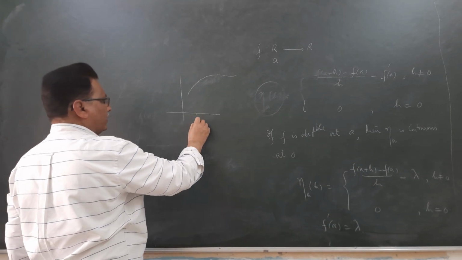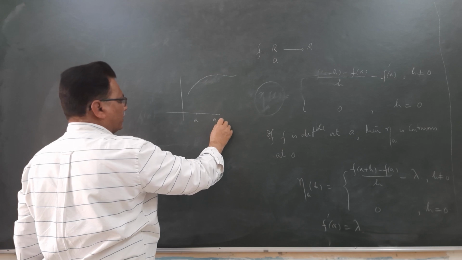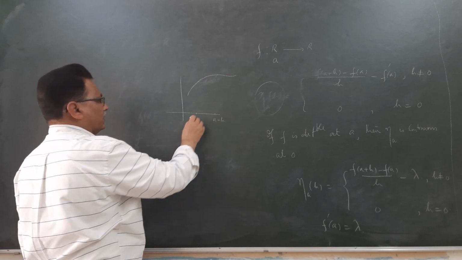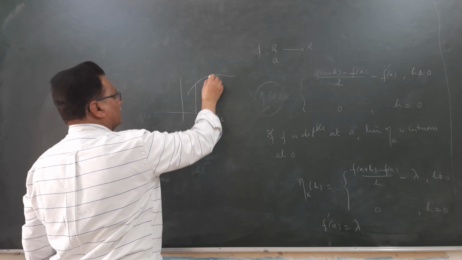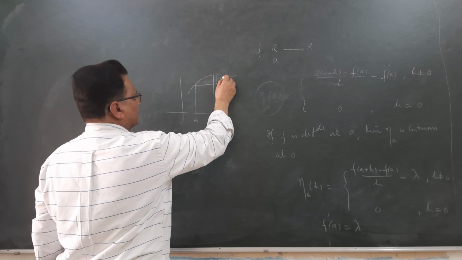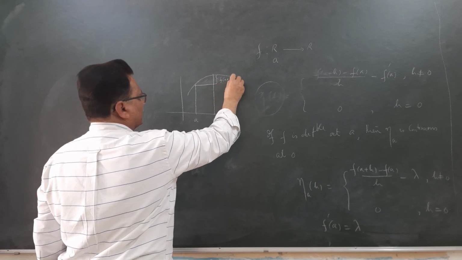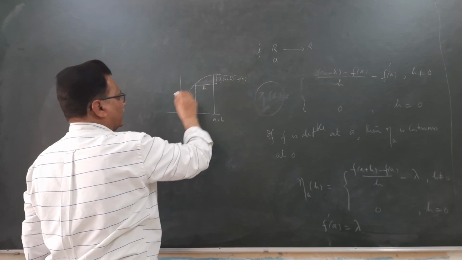Suppose I have a point A over here in the domain of the function, choose another point A plus something h, then you can see that in this triangle, this is f of A plus h minus f of A. And this much is h.